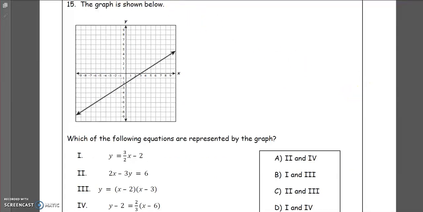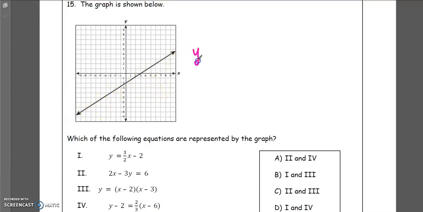Okay, so number 15 says, the graph is shown below. Which of the following equations are represented by the graph? So I need to see which one of these equations matches with this line.